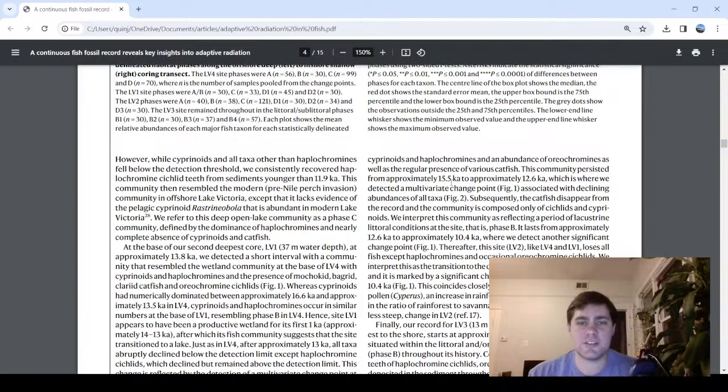This community persisted from approximately 15.5 to 12.6 Ka, which is where we detected a multivariate change point associated with declining abundances of all taxa.